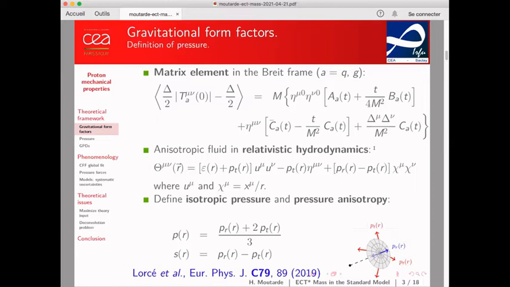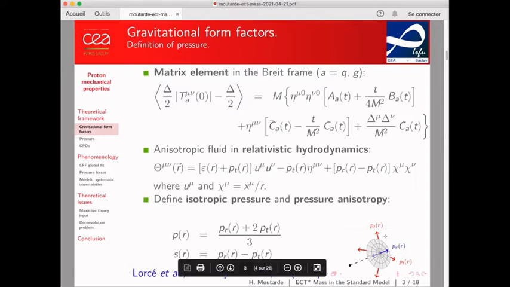Now, looking at this shape for an energy momentum tensor, I can put it in one-to-one correspondence with the expression of an anisotropic fluid, an energy momentum tensor of an anisotropic fluid in relativistic hydrodynamics, which means that if we were to consider the hadron as a continuous medium, a relativistic continuous medium, we could establish such a formal correspondence. We have an energy density here, a tangential pressure here, and a radial pressure here.